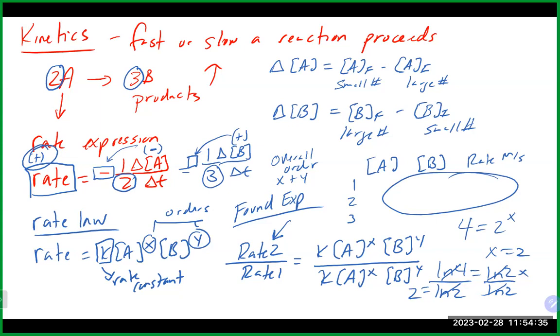Or if we increase the concentration of one of the reactants, it could affect the rate. We also can have an order that's 0 order. As we saw, if you have something that's 0 order, you could play as much as you want with that concentration. It's not going to have an impact on the overall rate of reaction. So those orders are important in getting an understanding of which reactant is important in terms of the overall rate that's occurring. Any questions on any of that?